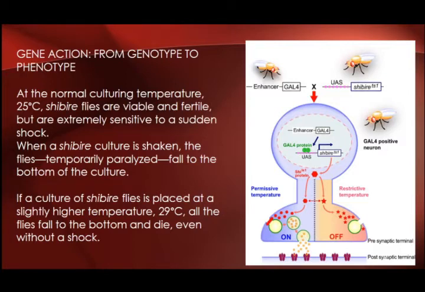At normal culturing temperature, 25 degrees Celsius, Siberian flies are viable and fertile, but extremely sensitive to sudden shock. When the culture is shaken, the flies will temporarily be paralyzed. They will fall to the bottom of the culture. But if we increase the temperature to 29 degrees, all the flies will fall to the bottom and die even without a shock, because the temperature will control how their synapses are sent.